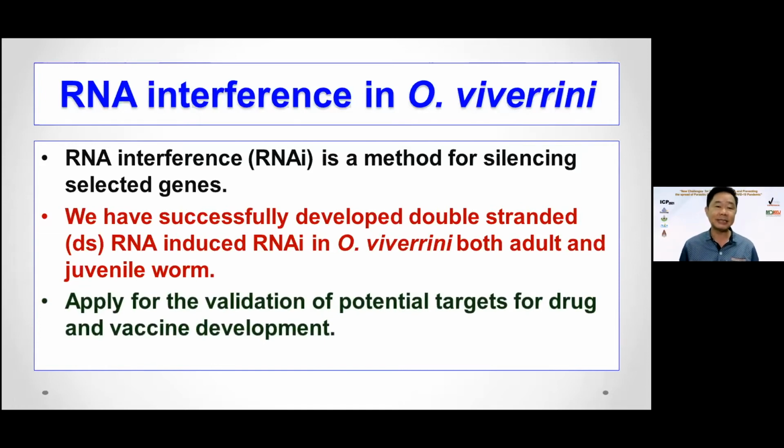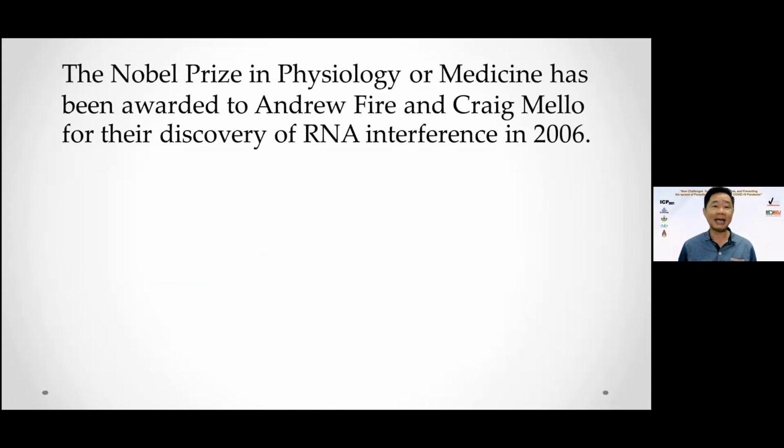We use this technique to validate targets for drug and vaccine development. For example, we developed a vaccine from the protein tetraspanin EV by using RNAi to check the function of this gene. RNAi was discovered a long time ago.